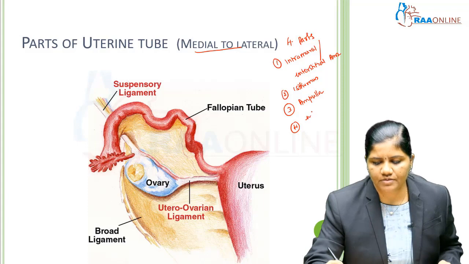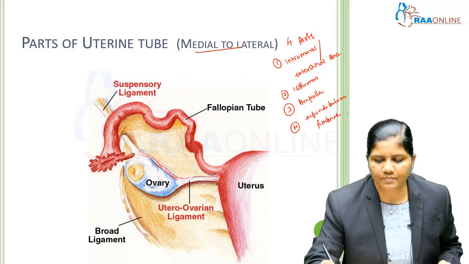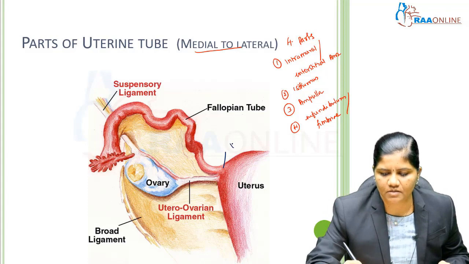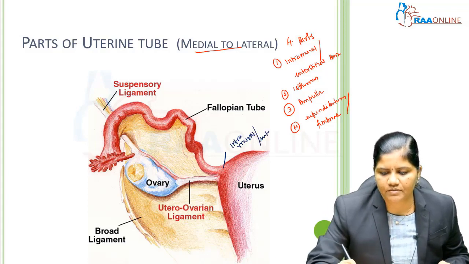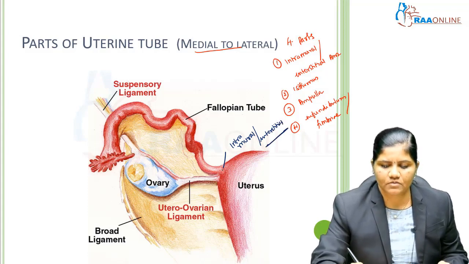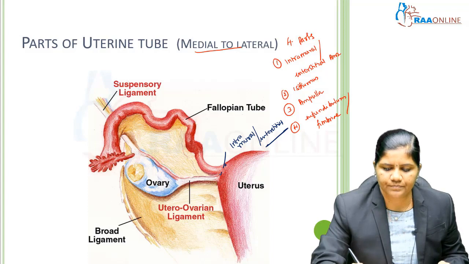And the last is the infundibulum or fimbria. So these are the parts of the uterine tube. The intramural part or interstitial part is present within the uterine wall, and is around 1 cm in length.